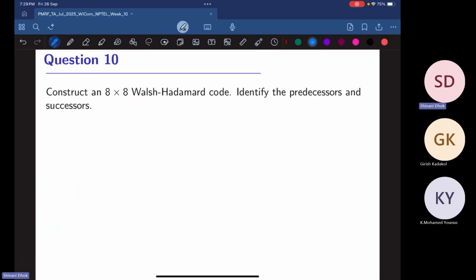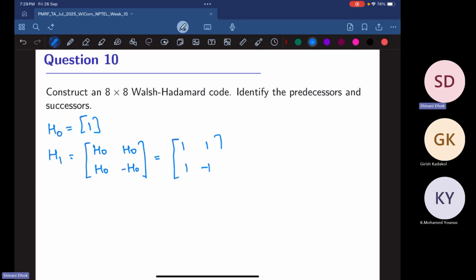So we want an 8x8 Walsh-Hadamard sequence. So first we'll construct H1, or let's say we'll start with H0, which is basically simply your 1. Then this H1 is given by H0, H0, H0 and minus of H0. So this comes out to be equal to 1, 1, 1, minus 1.